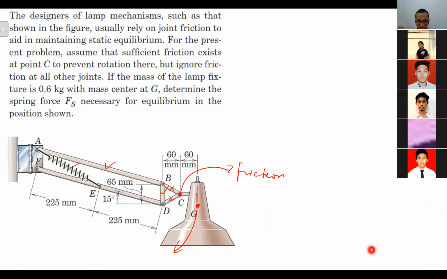Seems like Faiz is having a bad connection. So for this one, I will try to show you how to solve it. At C there is a joint with friction, so there will be a moment there. So how can we do this particular free body diagram? Remember that the one in question is just FAE, the force happening at the spring.